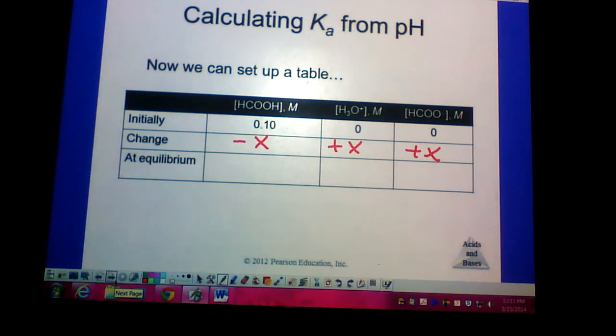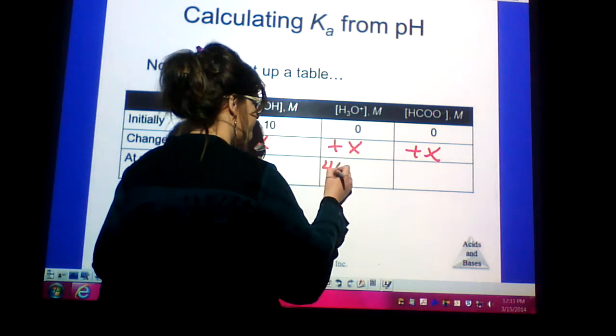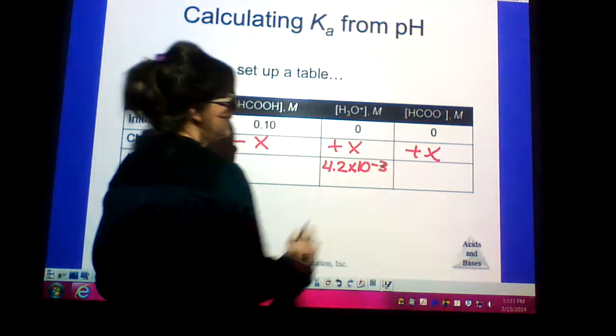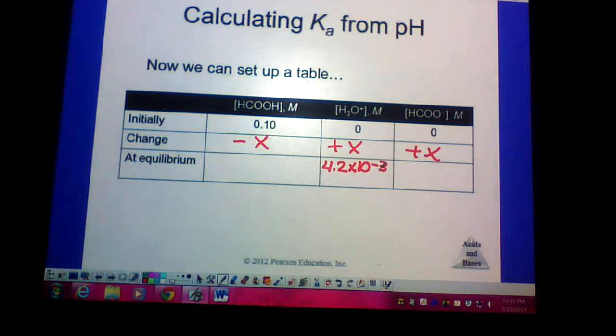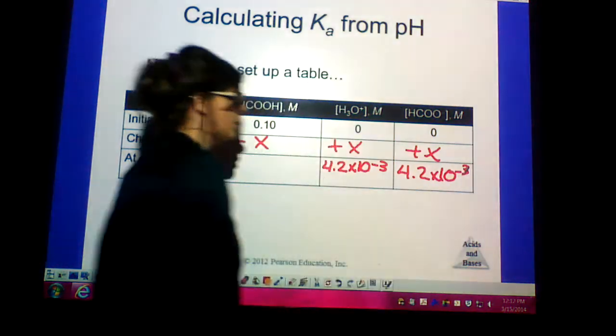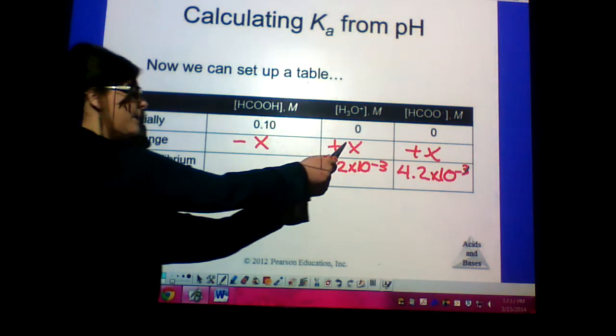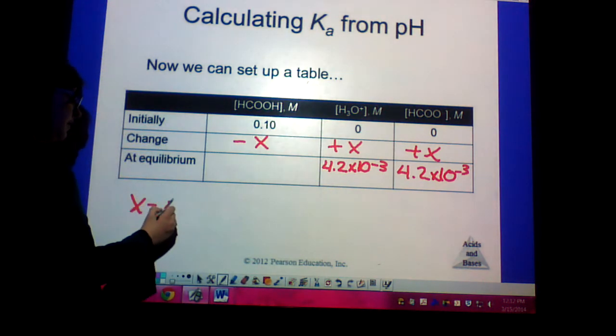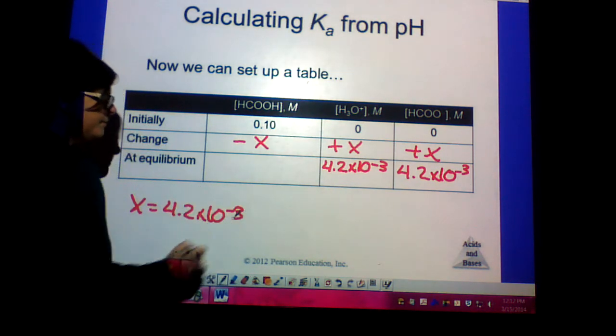Well, we just calculated that the concentration of H3O+ has to be 4.2 times 10 to the negative third at equilibrium. And we said that the hydronium concentration has to equal the HCOO- concentration because for every hydrogen ion I get, I'm going to get this ion, so this also has to equal 4.2 times 10 to the negative third. That means X has to equal 4.2 times 10 to the negative third.